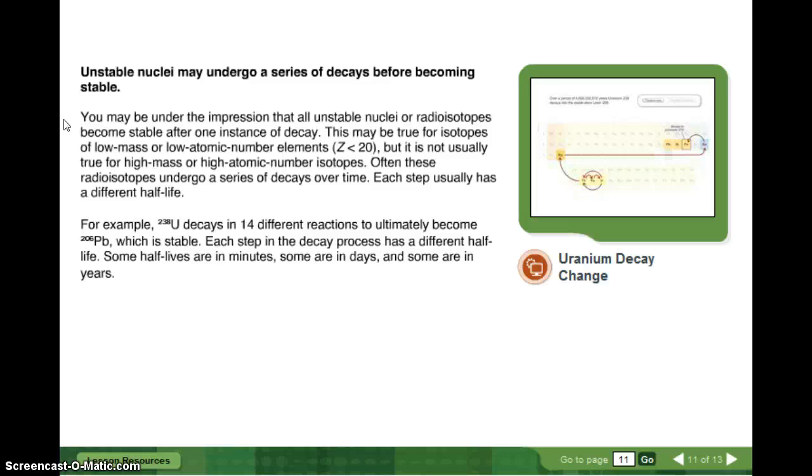Often, these radioisotopes undergo a series of decays over time. Each step usually has a different half-life. For example, uranium-238 decays in 14 different reactions to ultimately become lead-206, which is stable. Each step in the decay process has a different half-life. Some half-lives are in minutes, some are in days, some are in years.